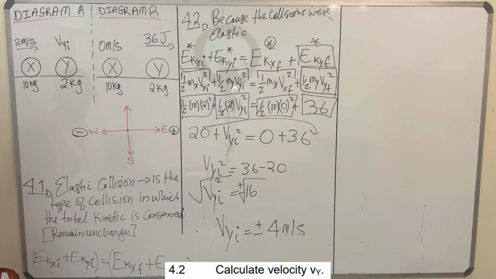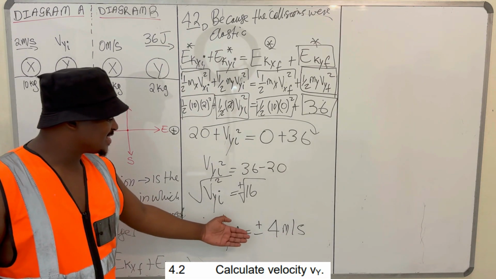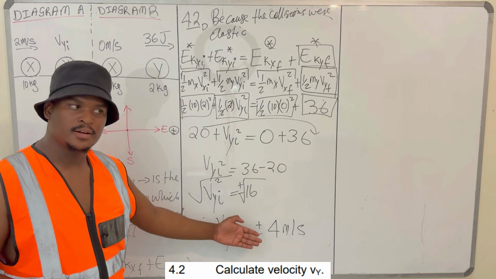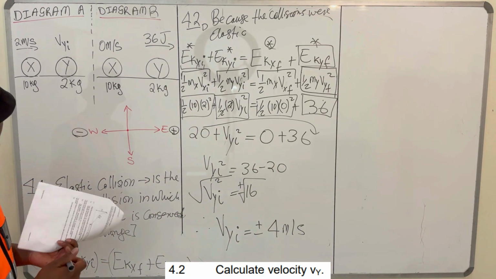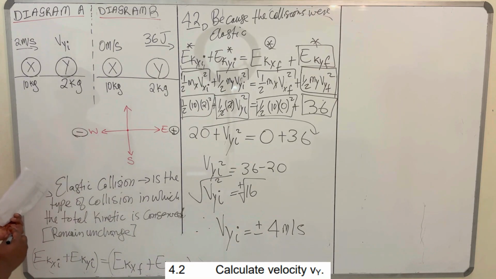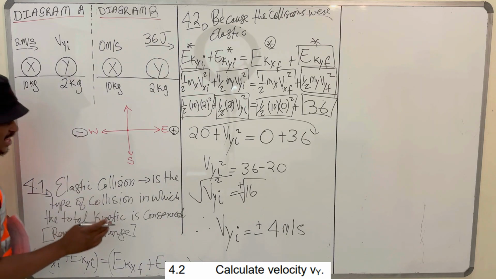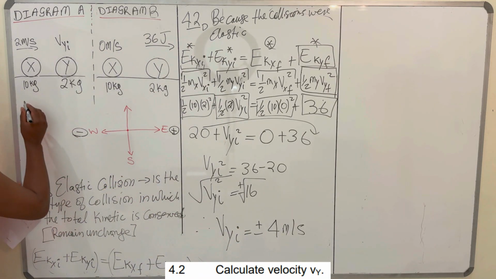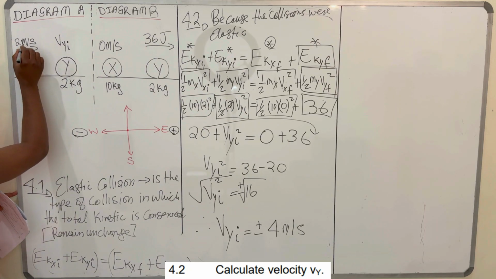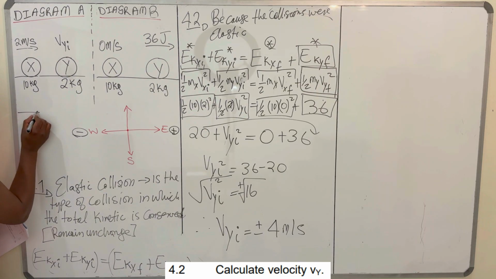So we need to decide which direction this ball is going. This is what we're going to do. We have ball X and ball Y. Look at these two balls here. If we say the 4 is positive, we have a situation like this. The velocity of ball X is 2 meters per second.